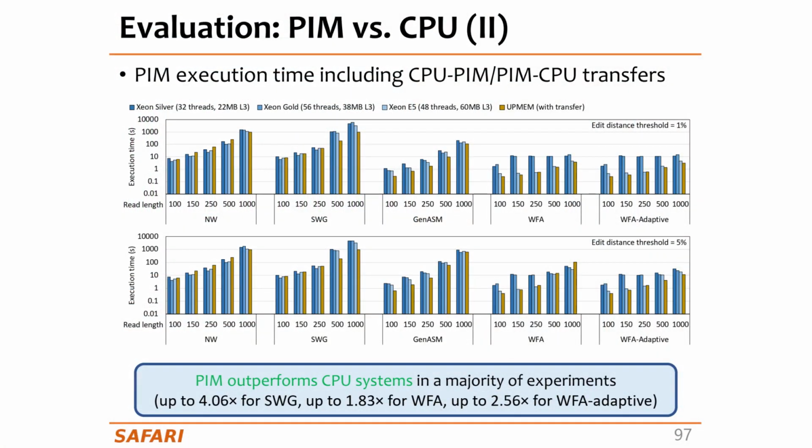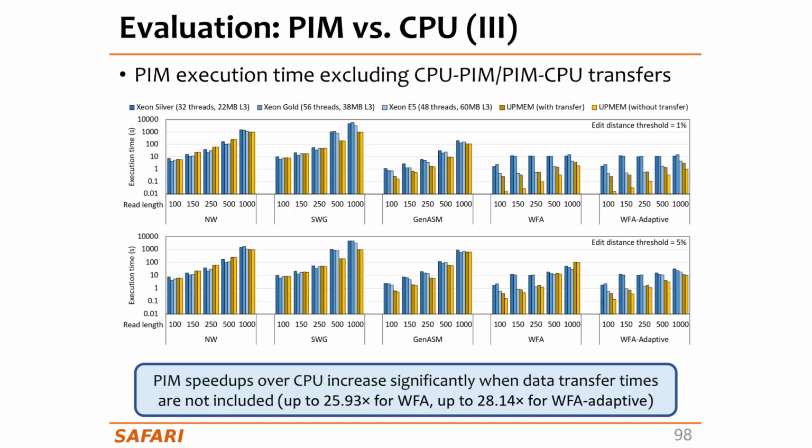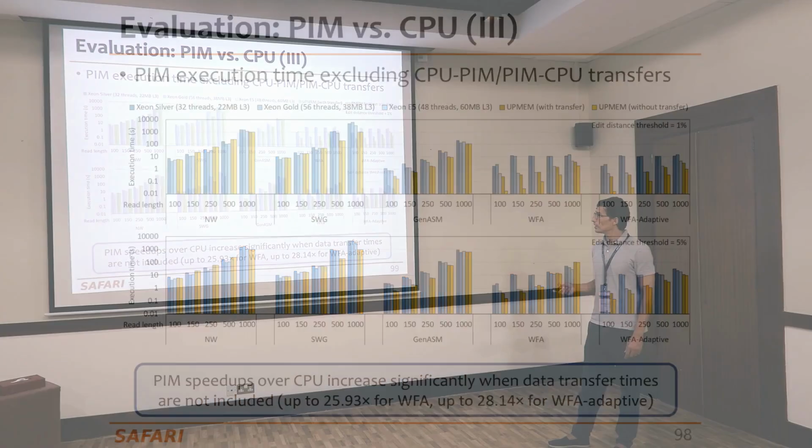If we compare to the UPMEM PIM, including the data transfers, we already see really interesting performance improvements, for example up to 2.56 times faster for WFA adaptive, and this is including the transfers. Without the transfers, which maybe we will see in some future system where the standard main memory becomes PIM-enabled memory as well, we could see more than 25 times performance improvement.